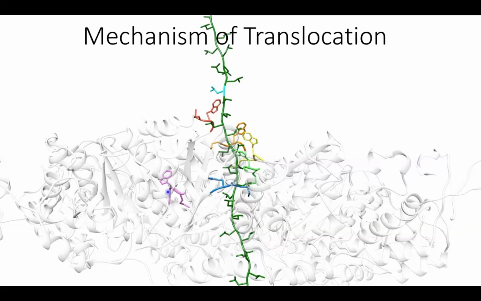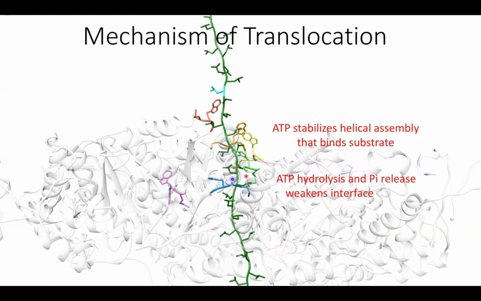The 6th subunit is way over here, very disengaged from interactions with the substrate. So the idea is that binding of ATP at the subunit interfaces stabilizes this helical assembly that forms the canonical substrate binding groove. And then hydrolysis occurs here, at the green active site at the interface with the blue subunit.